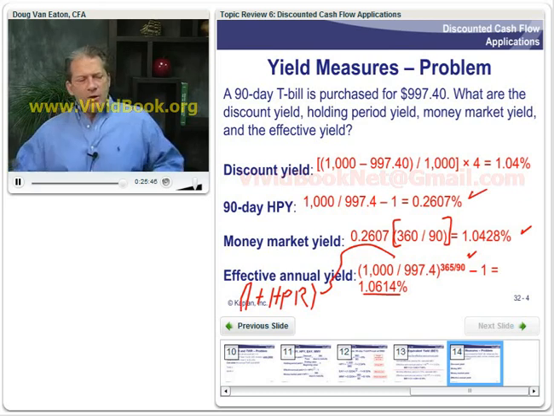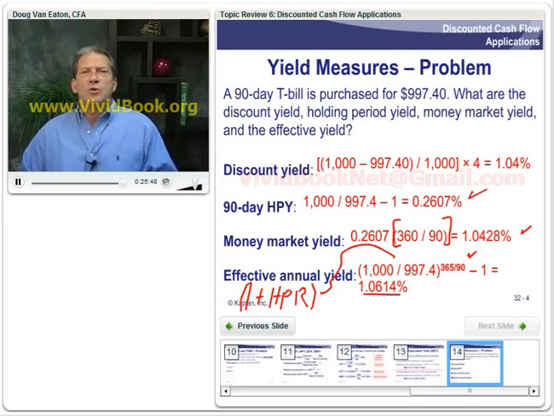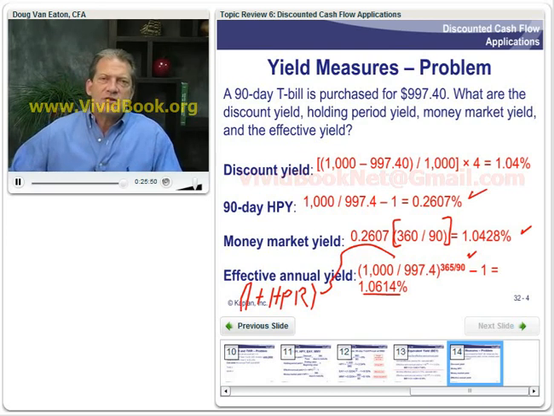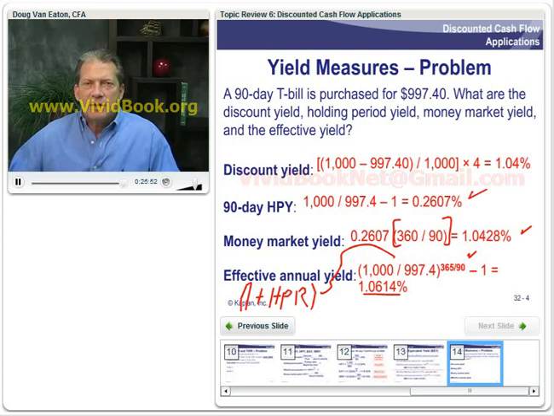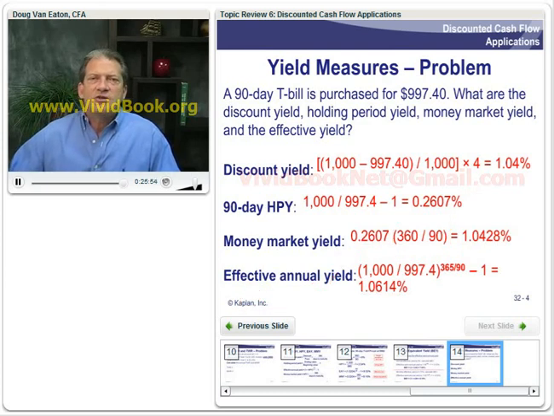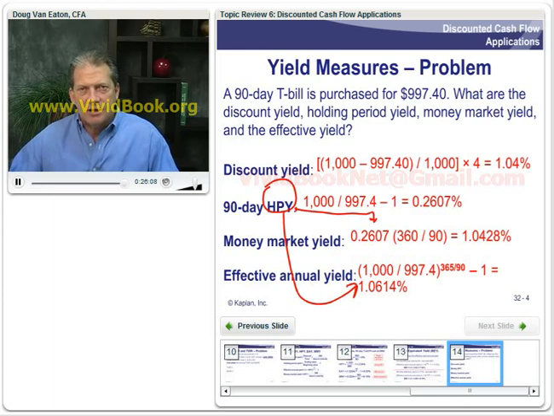Now, you also may be required to switch from one of these to the other just to demonstrate your understanding of it. My suggestion is that you always key off the holding period yield. If I have the holding period yield, I can certainly make this calculation, and I can certainly make that calculation.